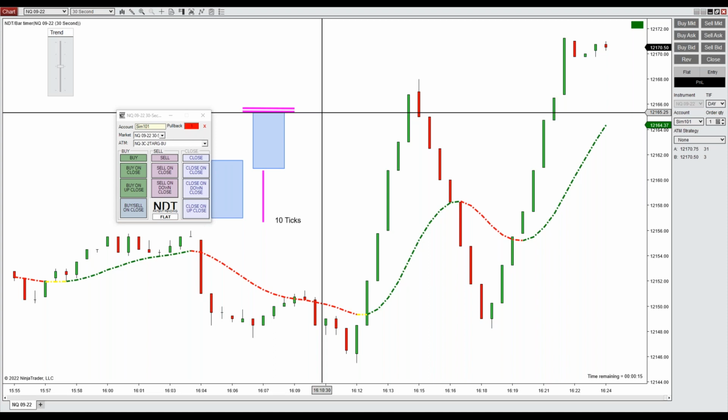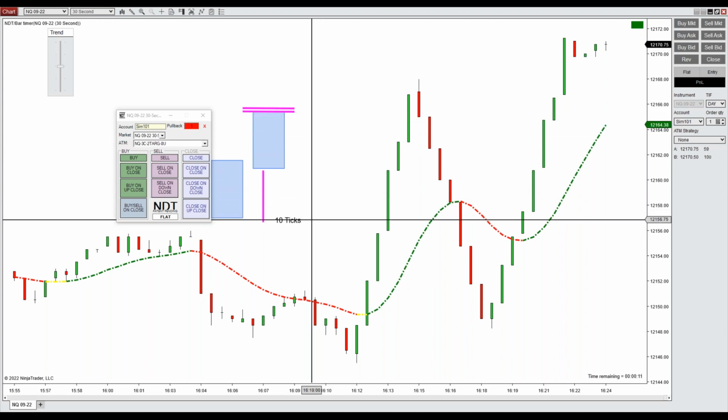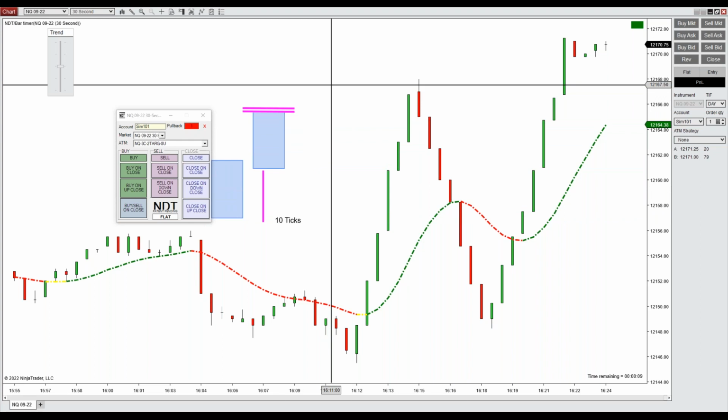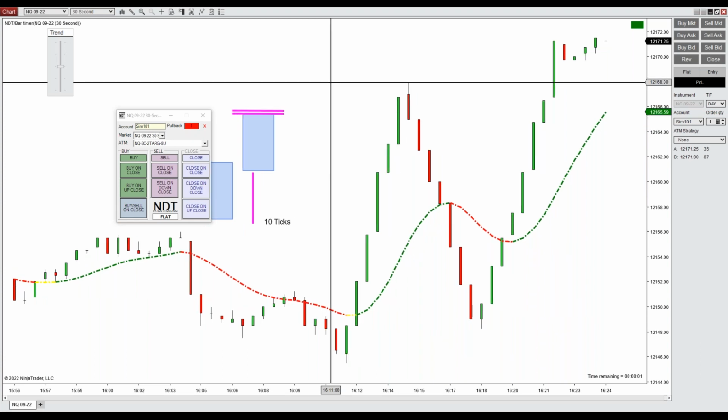If you get it on a pullback, the distance from the pullback to the stop is 9. So you're making the assessment the trade is going to move in your direction, but if it should not, the most you can lose is 9.